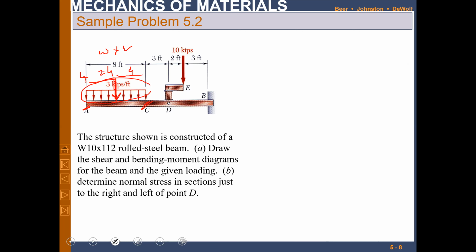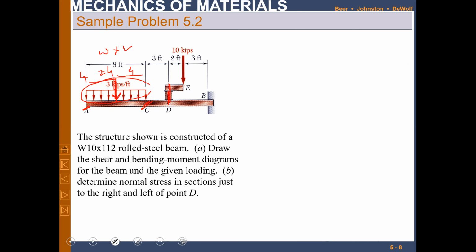And now come to over here. This is a 10 kips load being applied over here. So this is off centered now, right? But we cannot represent the load over here. We need to represent the load over here that is directly coming in contact with the beam, right? So if we shift this load over here, what will be the V over here, and will there be any moment?